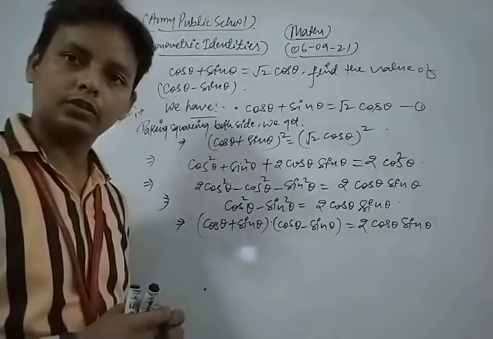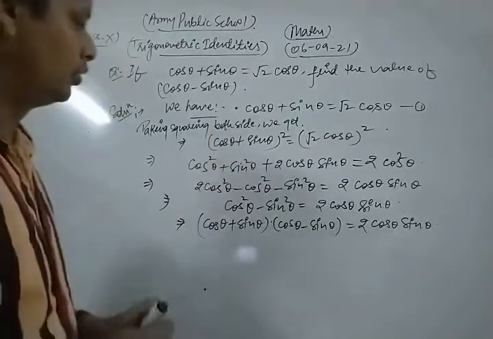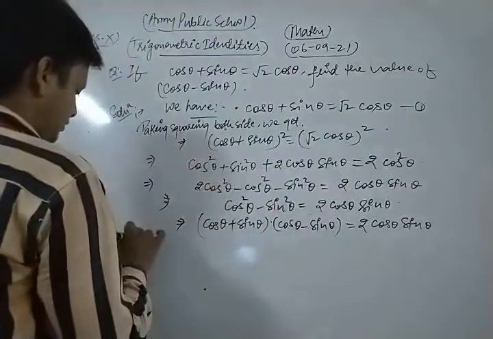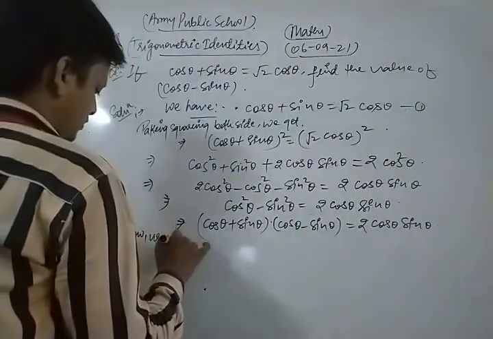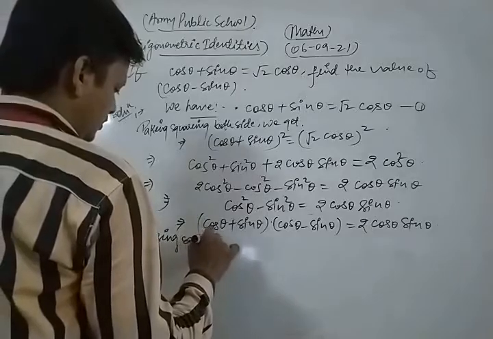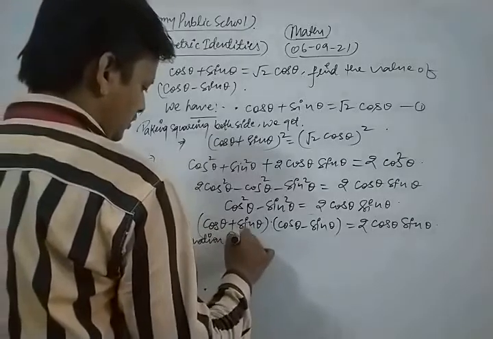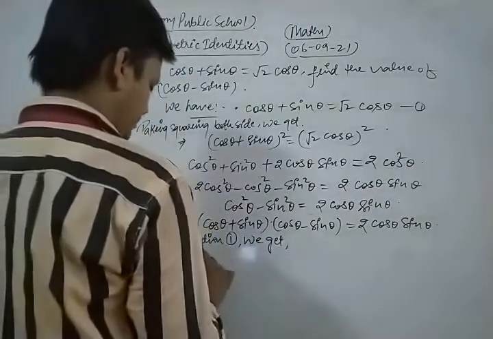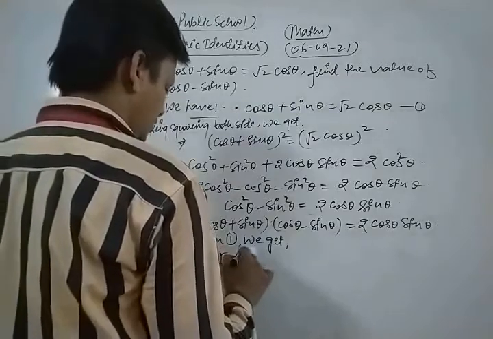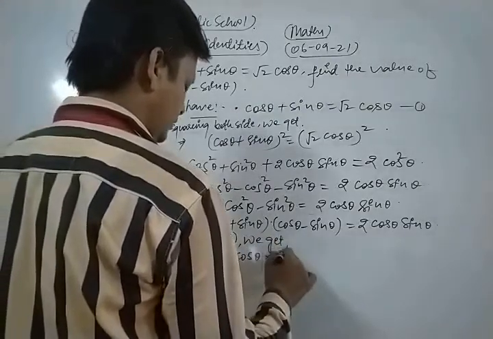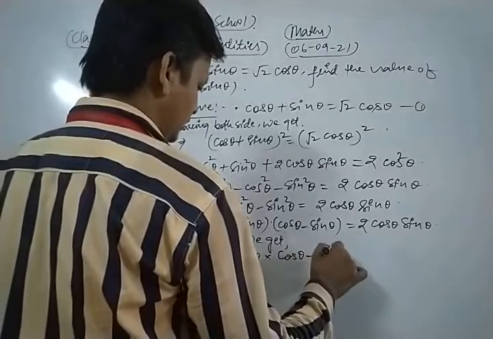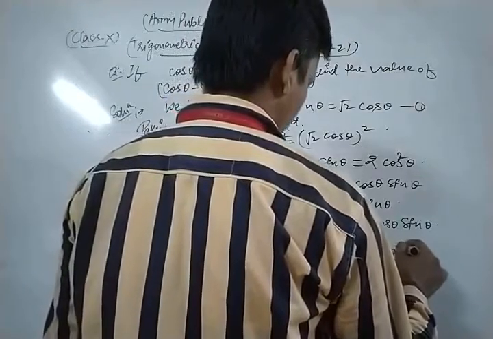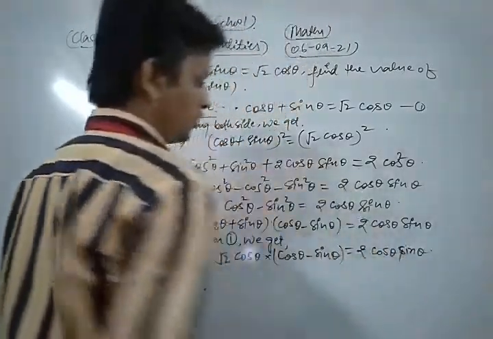So we just put the value of cos theta plus sin theta as under root 2 cos theta into cos theta minus sin theta, equal to 2 cos theta into sin theta.